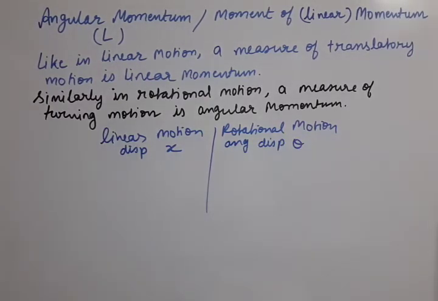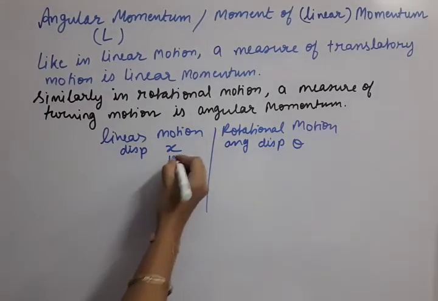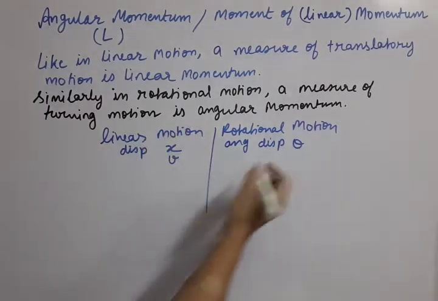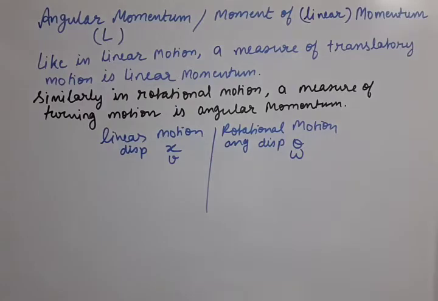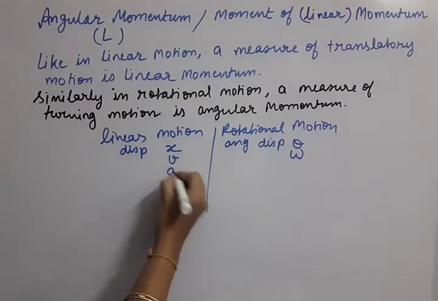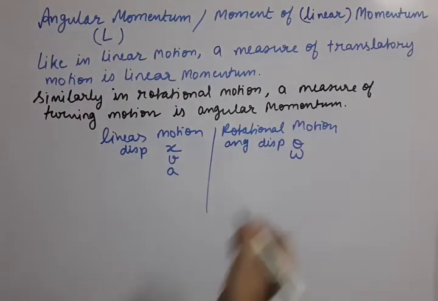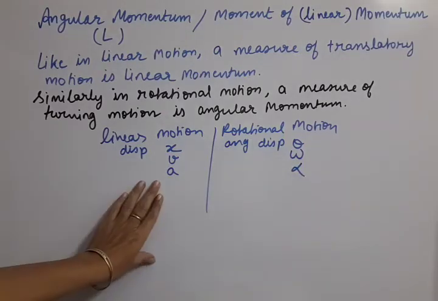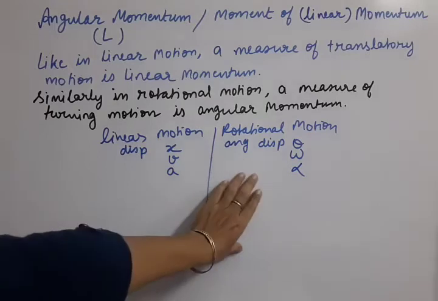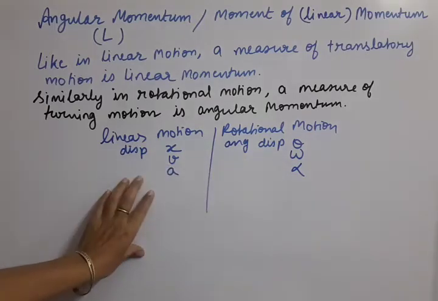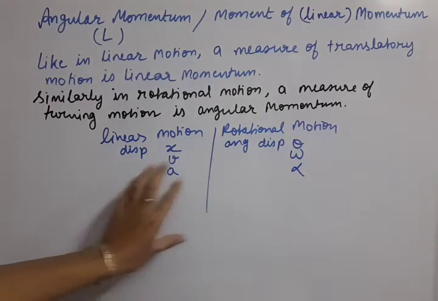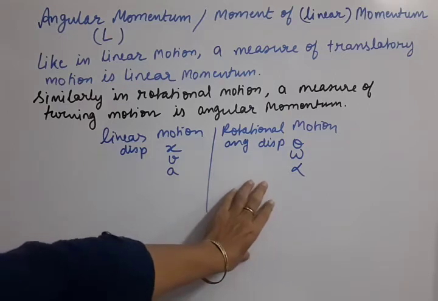In the same manner, linear velocity is v, but angular velocity is omega. Linear acceleration is a, but angular acceleration is alpha. So we have the counterparts for each quantity in linear motion in rotational motion.